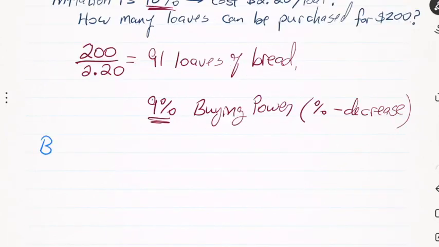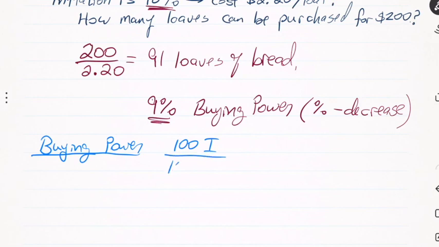So a formula for buying power is simply 100 times your inflation rate, but not as a decimal. So if it's 5%, just throw 5 in here. Divided by 100 plus the inflation.